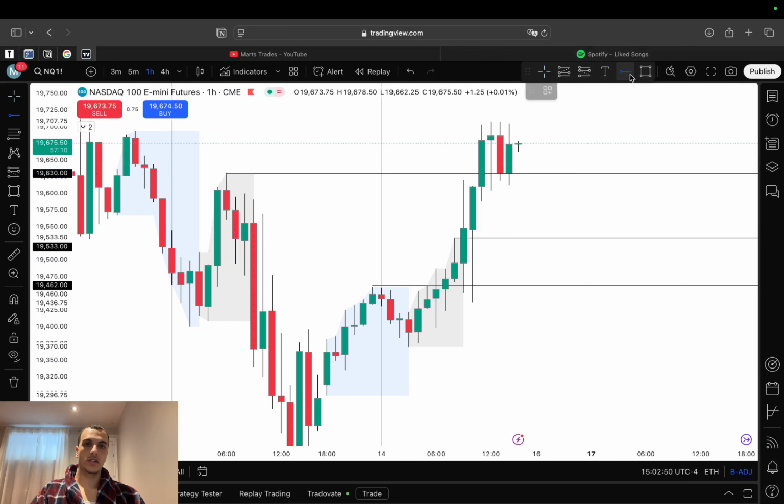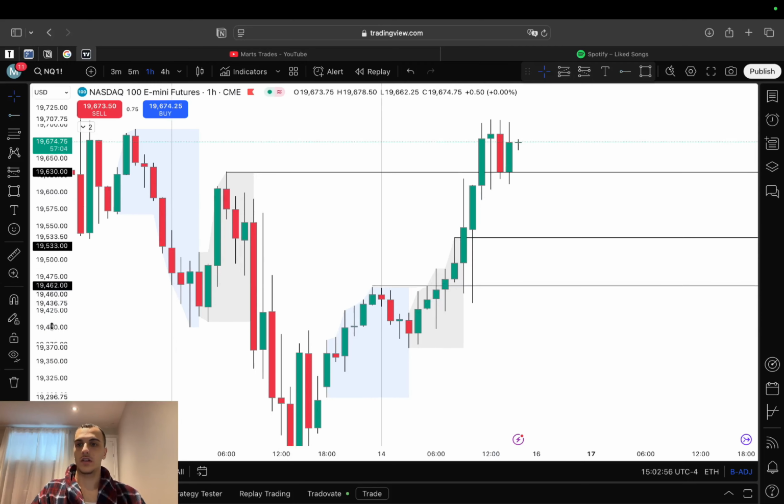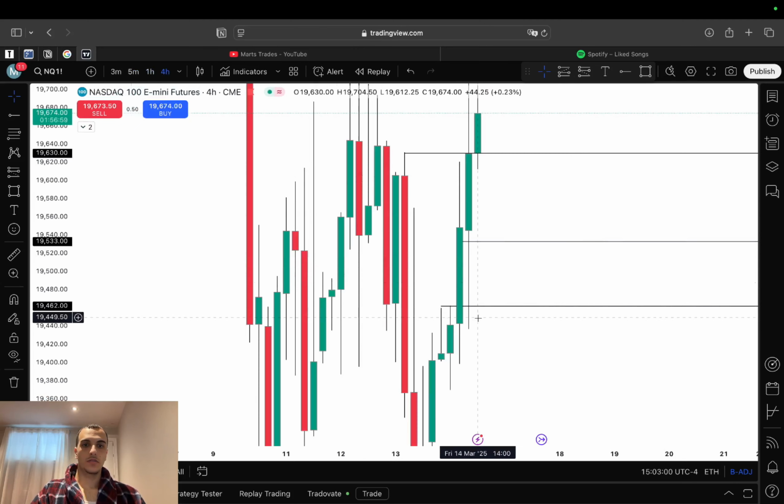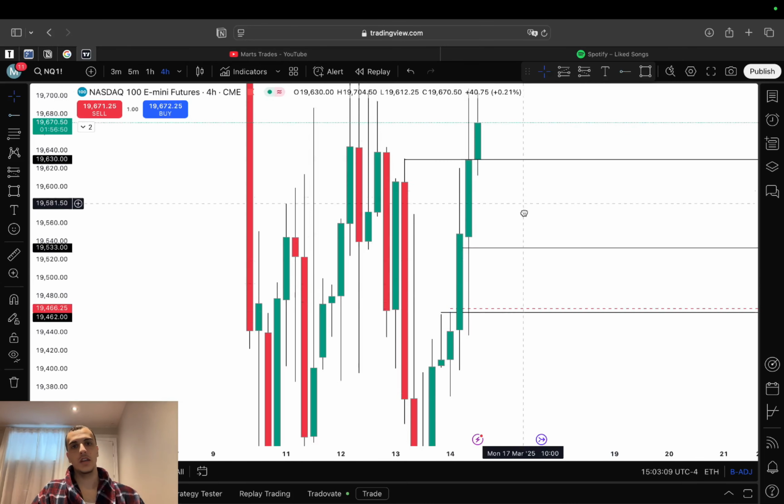Right there. Okay, I won't mark those because the price didn't even come near it. On the 4 hour we had this gap, 6, yeah. So let's just put a gap here. Any other?